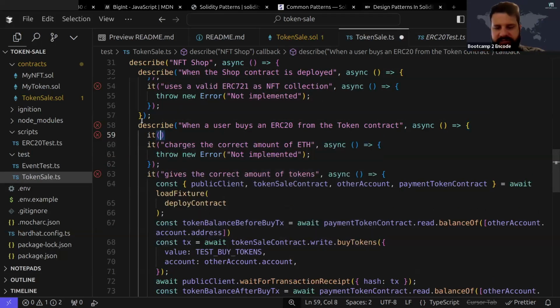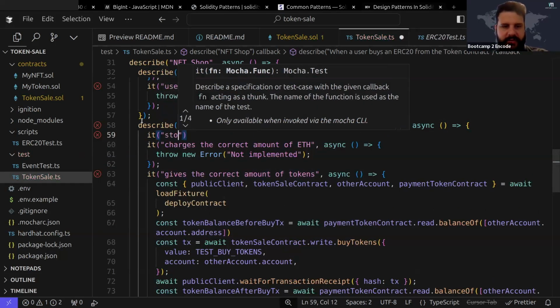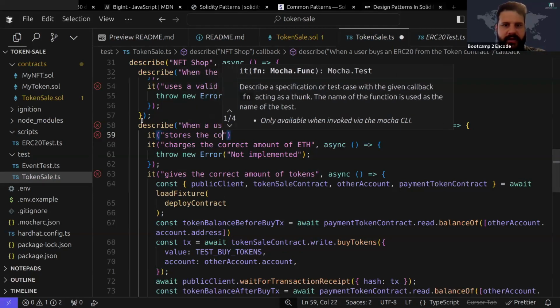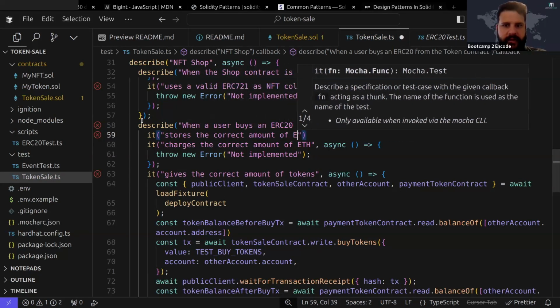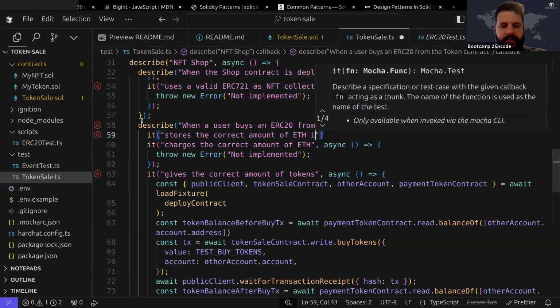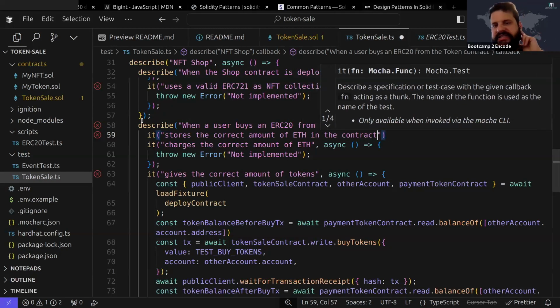Yeah, I could do this test scenario too, checking that it stores the correct amount of ETH in the contract. Okay.